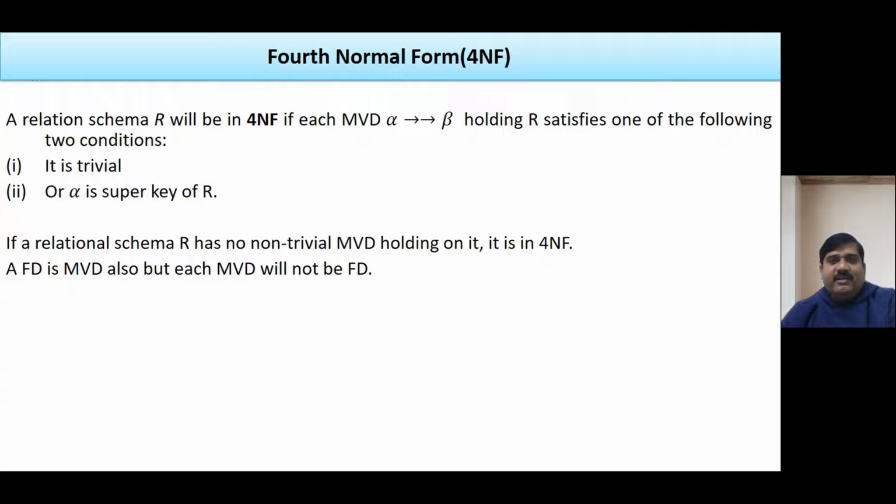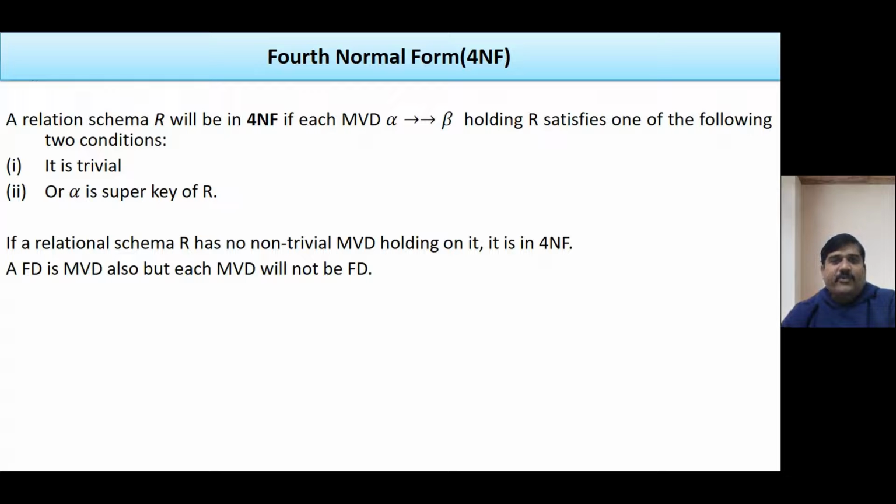Means you can say that if there is no partial dependency in the relation, then that relation is in second normal form. If there is no transitive dependency in the relation, then that relation is in third normal form. And in BCNF, if every determinant is a super key of R, then we say that relation is in BCNF.